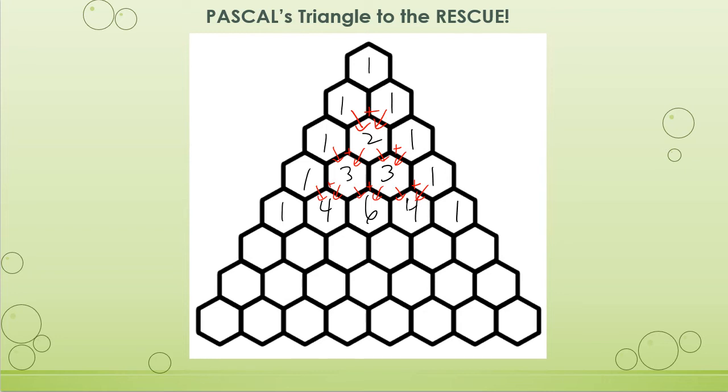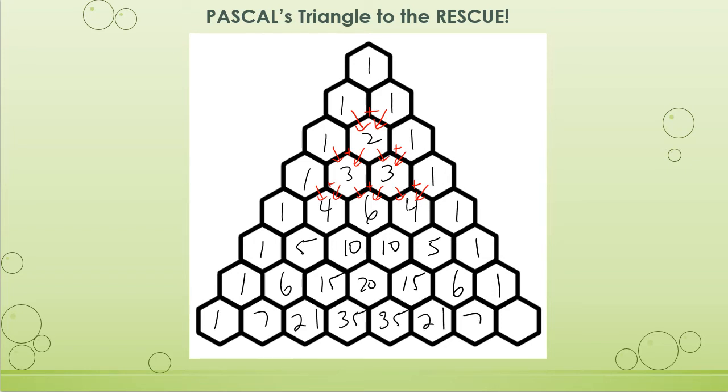Hopefully you took me up on my relatively easy challenge now that we know the pattern, and my next row should be 1, 5, 10, 10, 5, 1. Next row, 1, 6, 15, 20, 15, 6, and 1. 1, 7, 21, 35, 35, 21, 7, and 1.